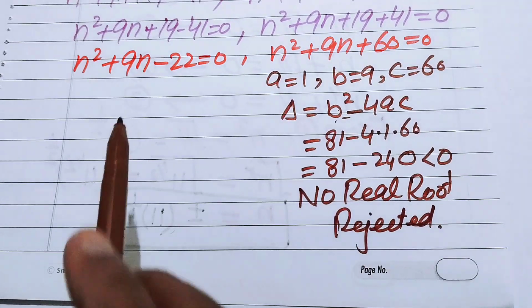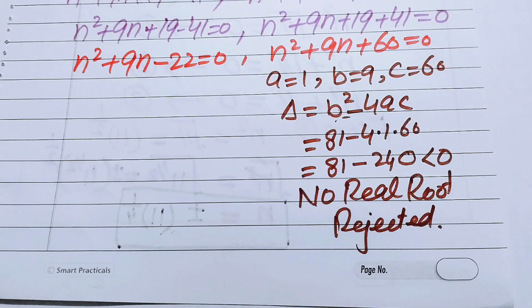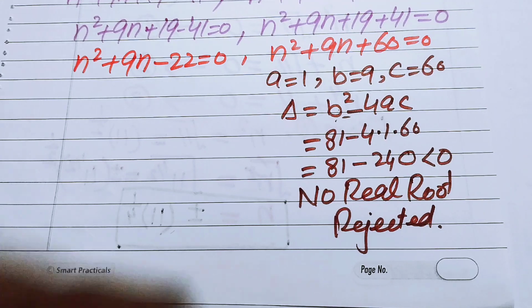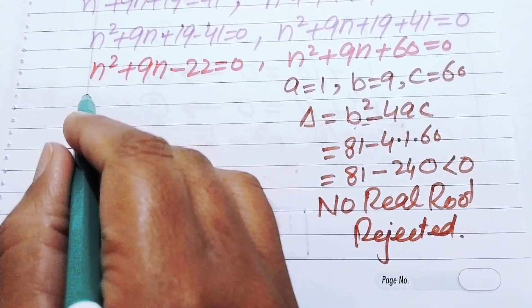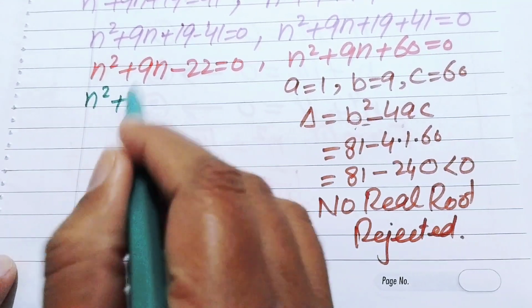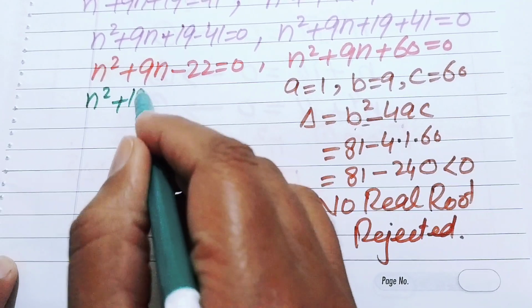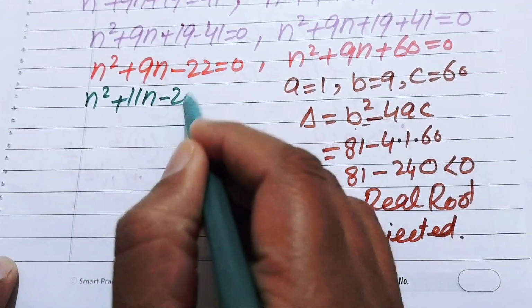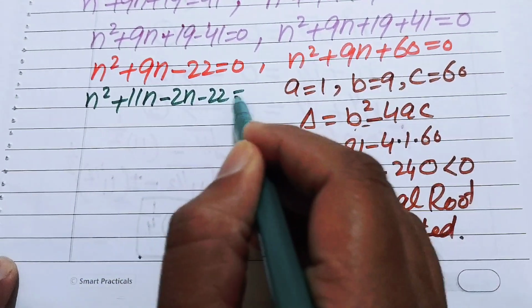And now we proceed with this case only, and we can make the factors of this equation. In order to make the factors, we have n squared, and we write this 9n as 11n minus 2n, minus 22 equals 0.